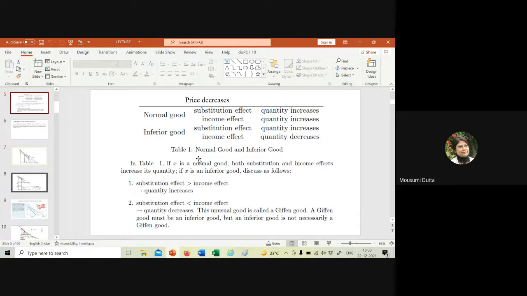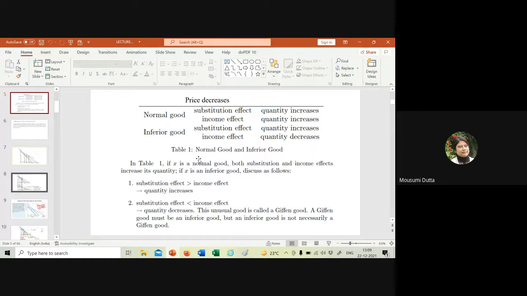Okay, so next day I'll start talking about Slutsky compensation principle. Hicks compensation principle is done. On the next day, the similar kind of cases we will discuss with the Slutsky compensation principle. Once I complete the Slutsky compensation principle, we need to compare between Hicks and Slutsky. Is there any difference?